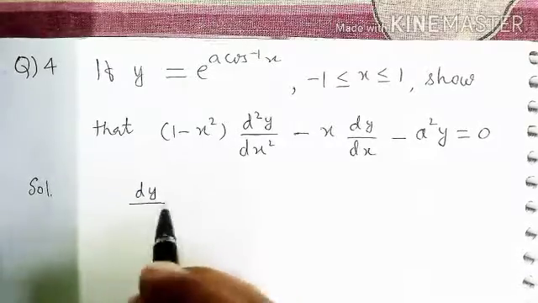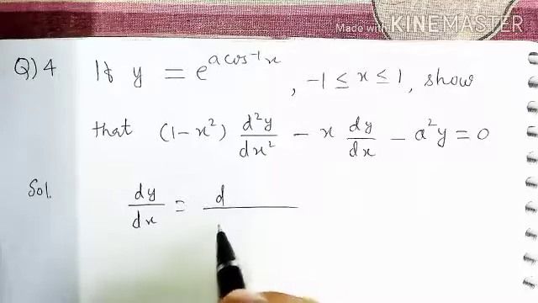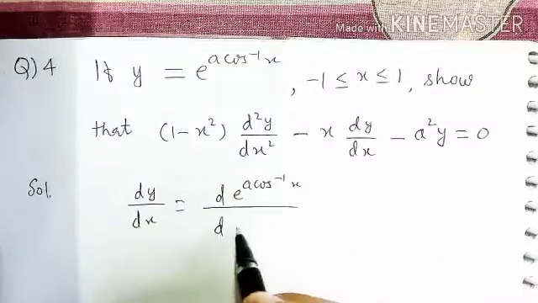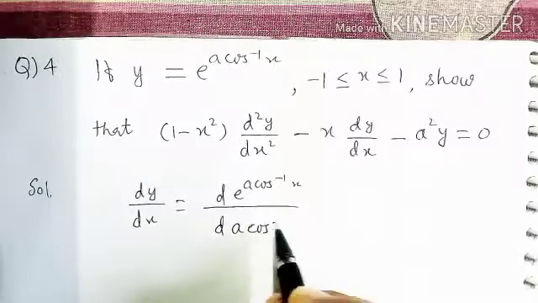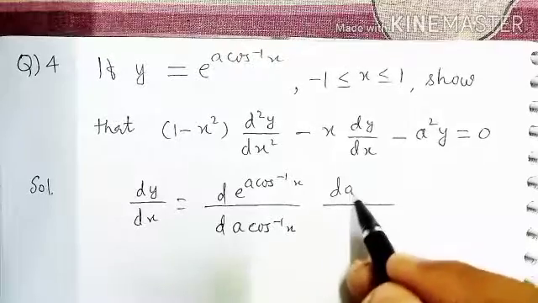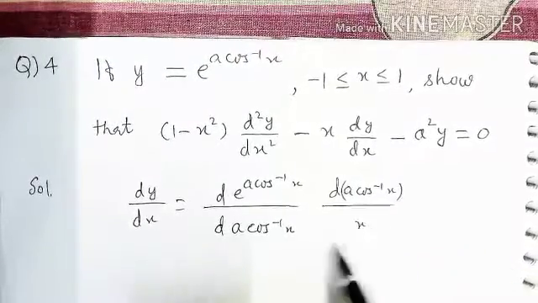dy by dx. Here we apply the chain rule. e to the power a cos inverse x is a function of a cos inverse x, which is a function of x.